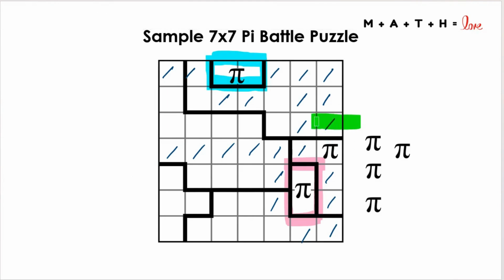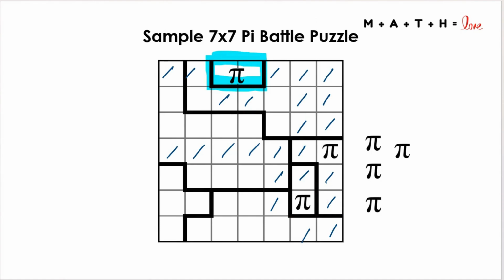So I can draw my square here. And notice the square here goes into this pink region. And I've just discovered that this here cannot be the pi symbol. So let's mark that out. So in my pink region, I have now discovered that the pi symbol must be this lower piece.